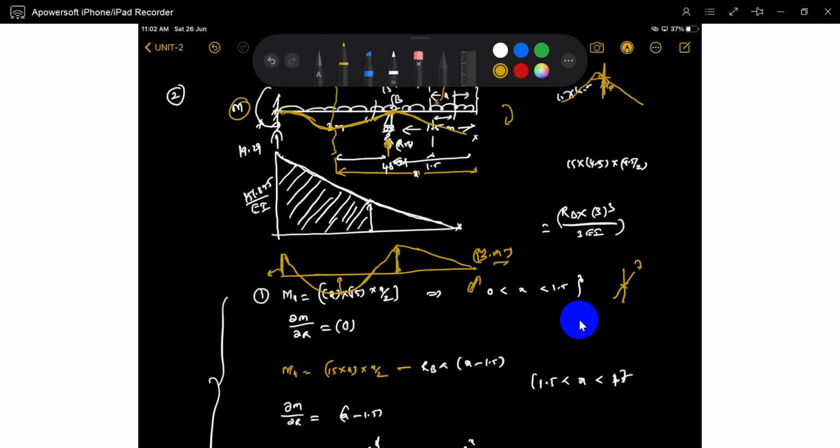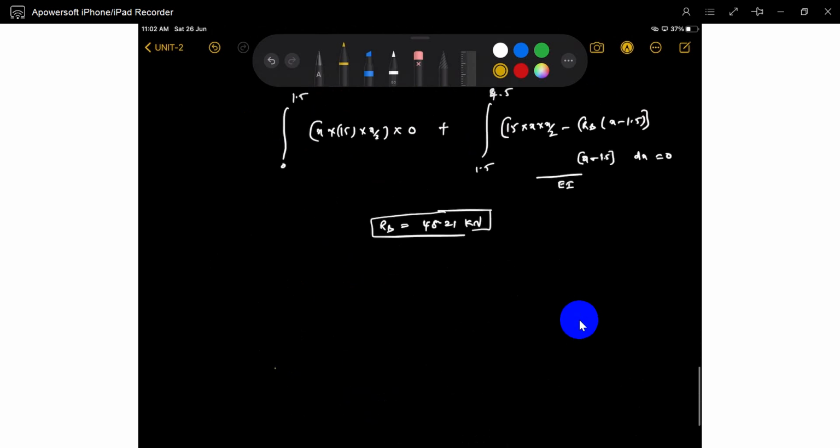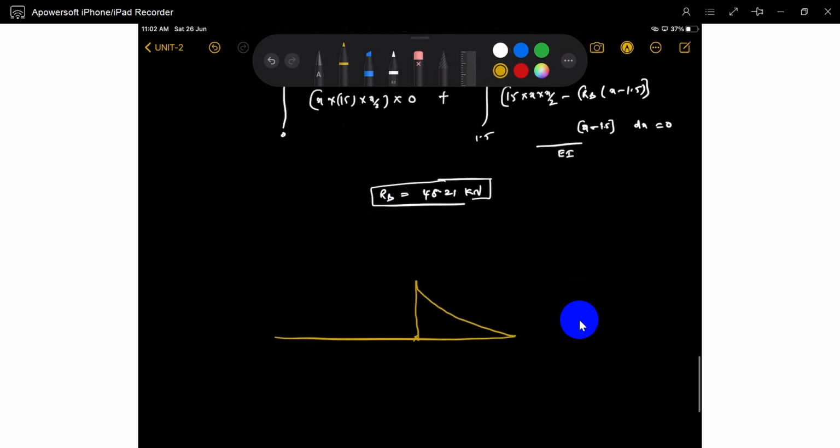Moment diagram, overhang moment. For the simply supported overhang, I will write it like this, and the bending moment diagram will appear. I just write a sample diagram; which one is maximum, we don't know, maybe it will be smaller than this.